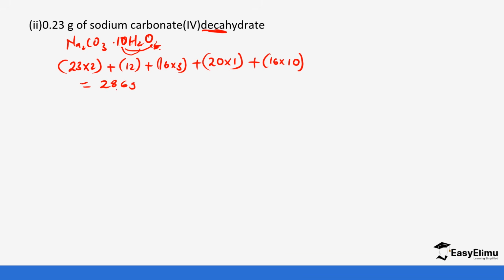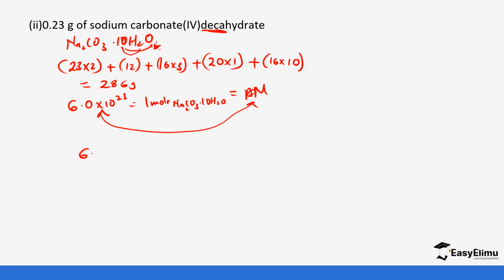So we go back to what we said. Remember, we had already been given Avogadro's constant, which is 6.0 times 10^23, equal to 1 mole of sodium carbonate decahydrate, which is equal to the relative formula mass of sodium carbonate decahydrate. We are going to relate these two because we do not have the number of moles. We can calculate the number of moles, but we will do so in the next session because we do not know the formula yet.